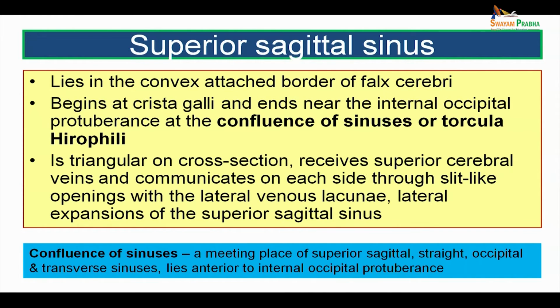The superior sagittal sinus is triangular on cross section and it receives the superior cerebral veins and communicates on each side through slit-like openings with the lateral venous lacunae, lateral expansions of the superior sagittal sinus.